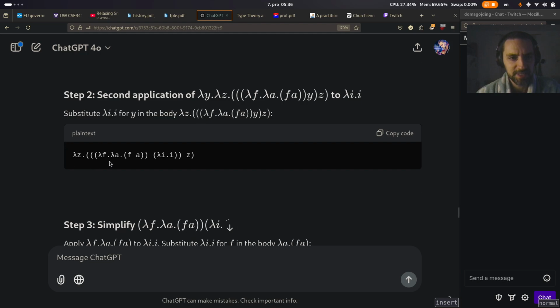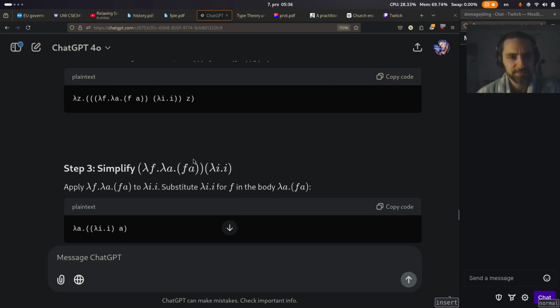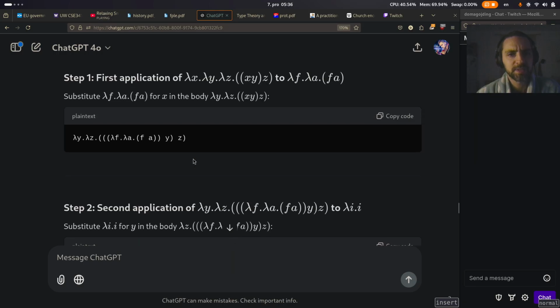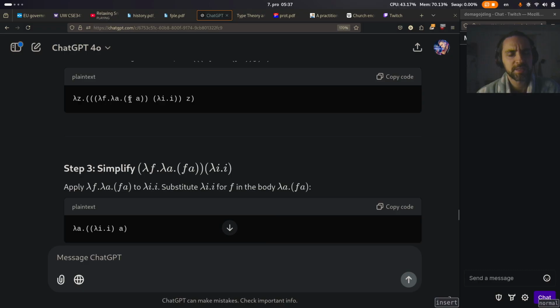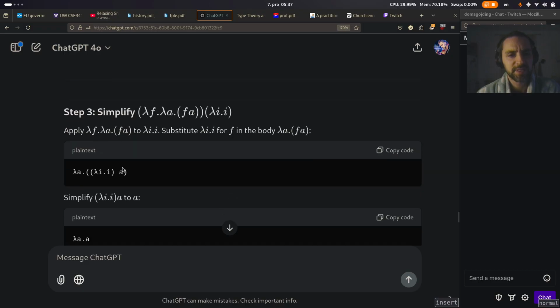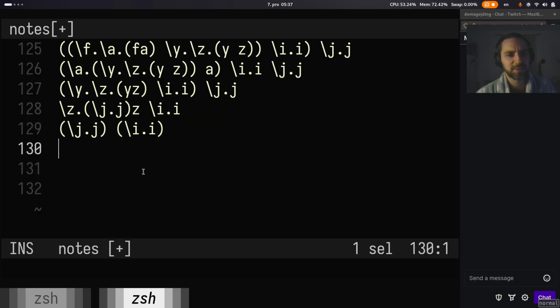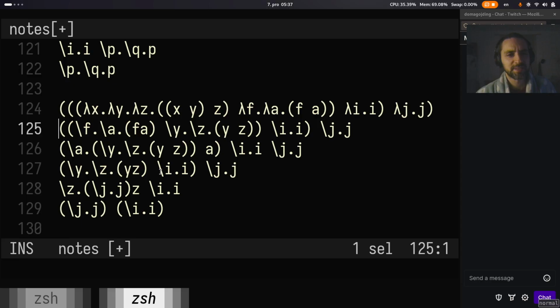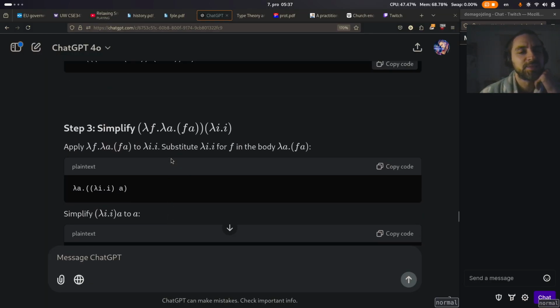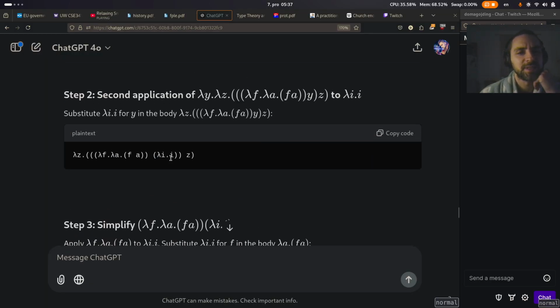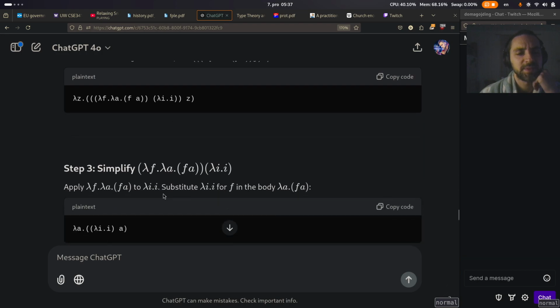Exactly. So lambda z, fa, lambda i, z. Where's the lambda j? Oh, it's still inside. Simplify this now. Lambda a, lambda i dot ia. I think I actually messed up something in the process. What did I mess up? Lambda a. Simplify lambda f.